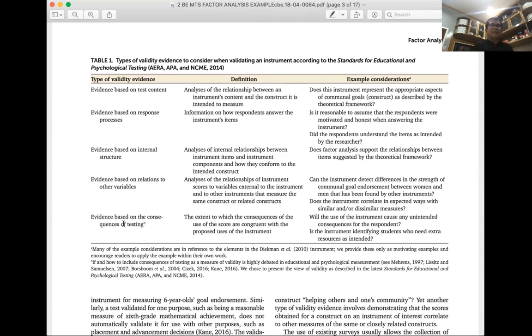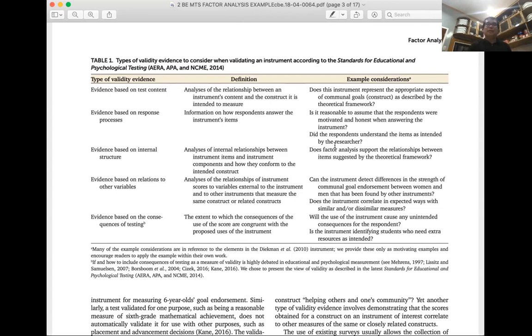And evidence based on the consequences of testing: the extent to which the consequences of the use of the score are congruent with the proposed uses of the instrument.